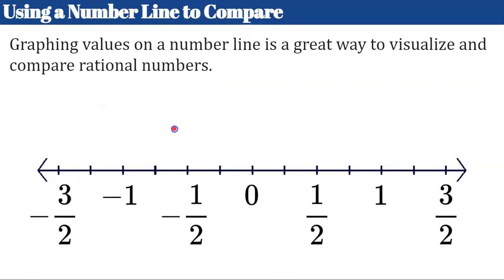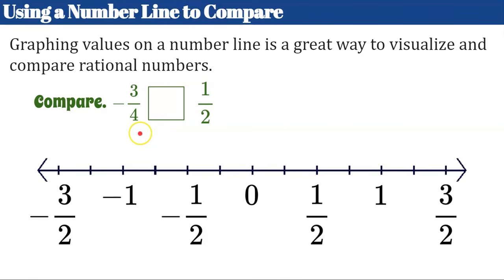Now let's try this one. We are going to compare -3/4 and 1/2. So -3/4 on the number line is right here. -1/4, -2/4, -3/4. 1/2 is positive and right here. But this number is first. This time the least value, the smallest value, is first on the number line, and that's our first number here.